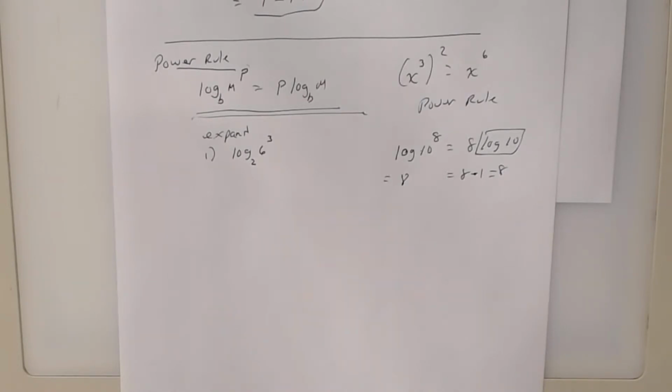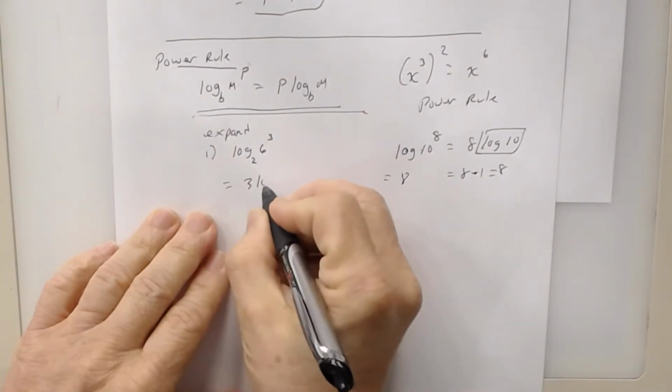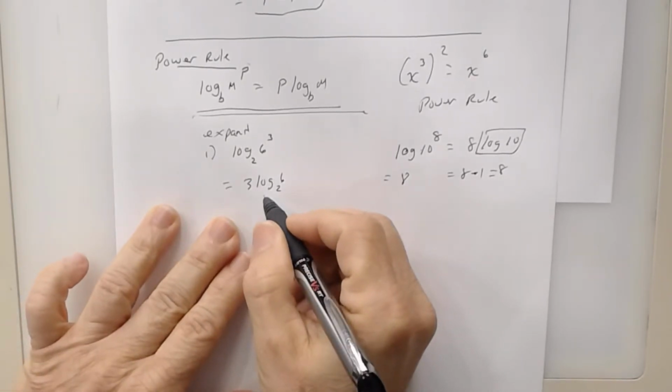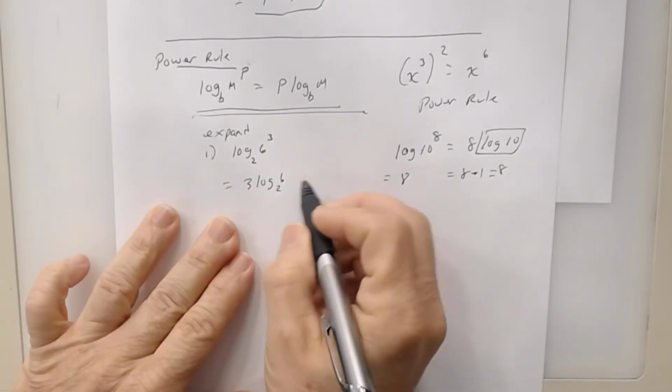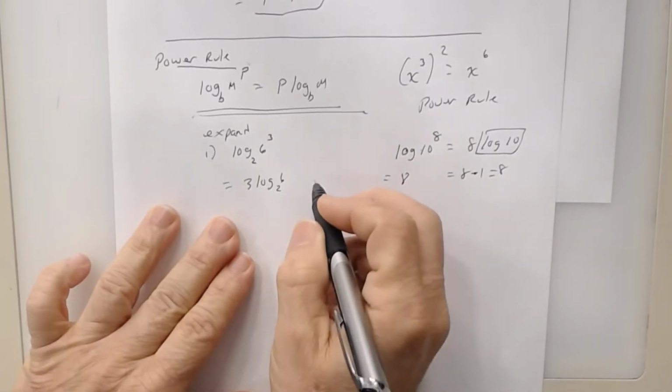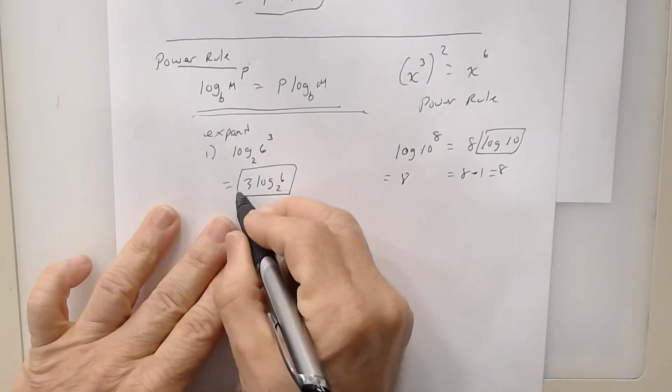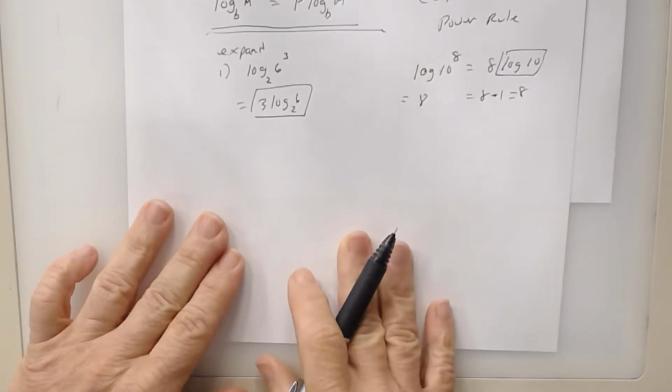So what's the answer? 3 log 6 base 2. And is there any way I can simplify the log of 6 base 2? No, because 2 to a whole number is not going to be 6.